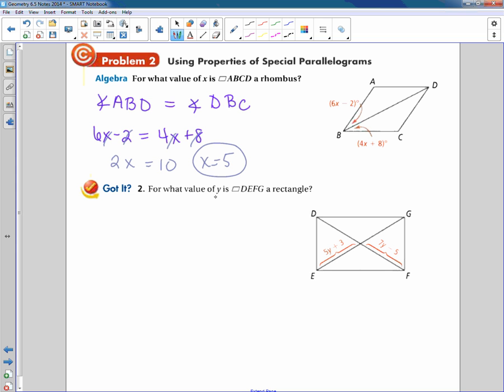This one reads that for what value of y would DEFG be a rectangle? Well, what do I know about the diagonals of a rectangle? They're congruent, and they bisect each other. So therefore, 5y plus 3 must equal what? 7y minus 5.